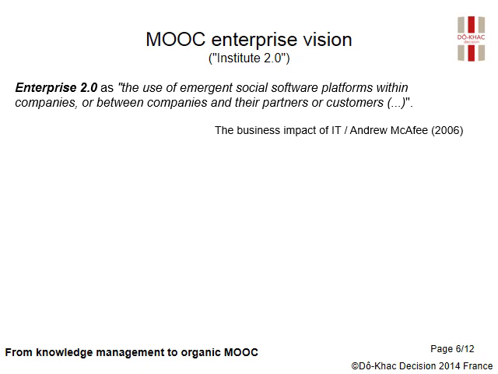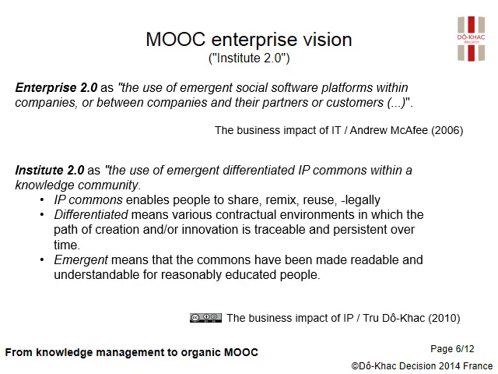As a MOOC, a social network has a mission, which is to develop knowledge. So, taking inspiration from Professor McAfee's Enterprise 2.0, we will formulate Institute 2.0. Institute 2.0 is the use of emergent differentiated IP commons within a knowledge community.